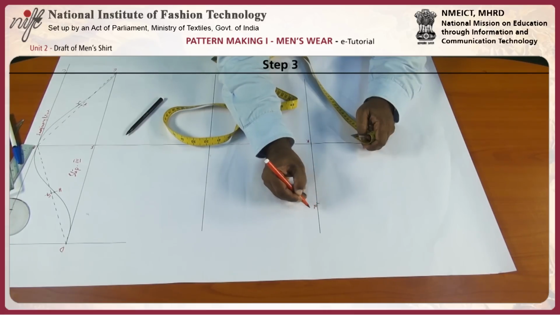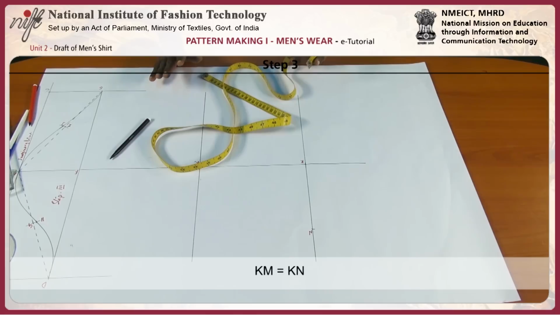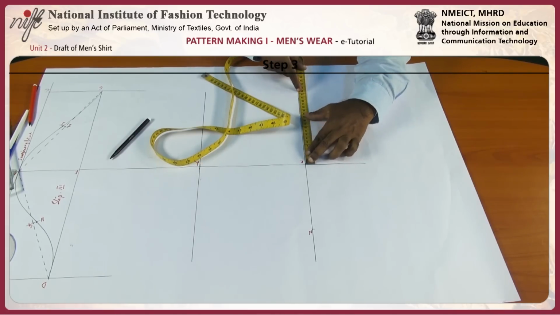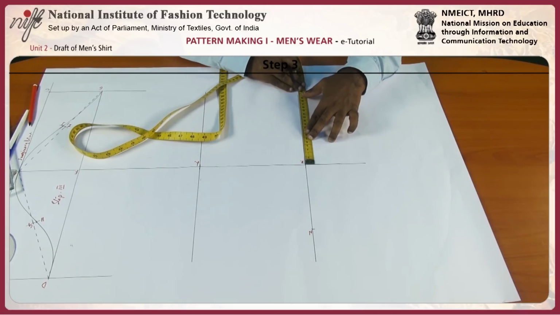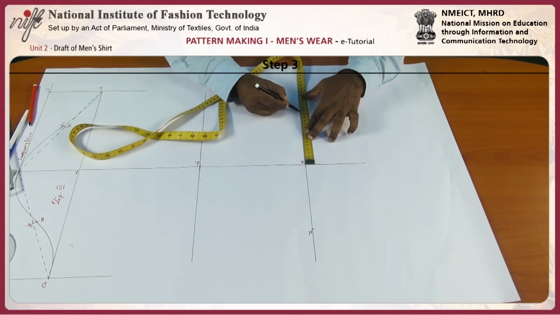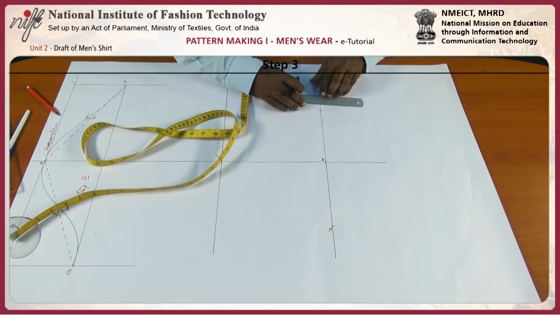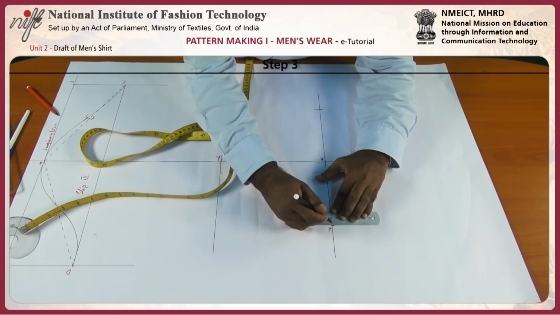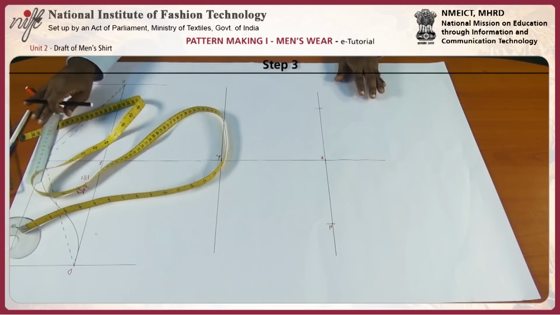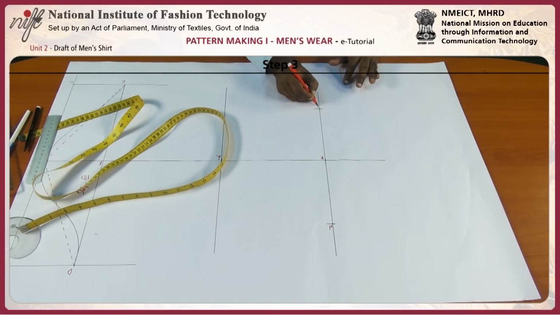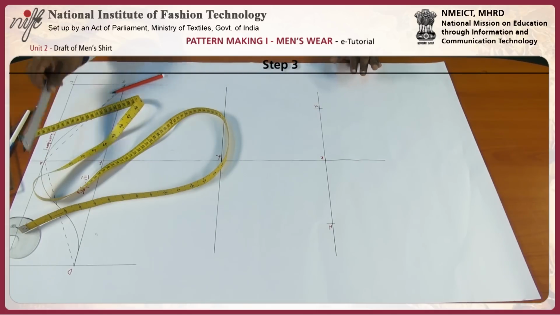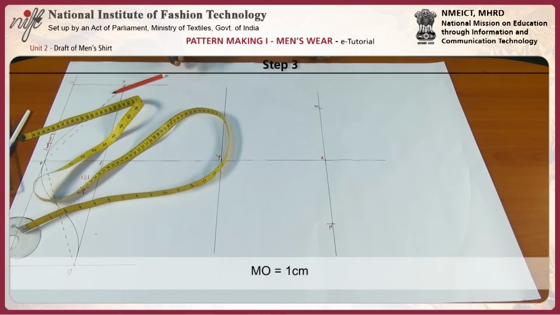Point N. K to M is equal to K to N. Point M. From point M to O 1 centimeter.